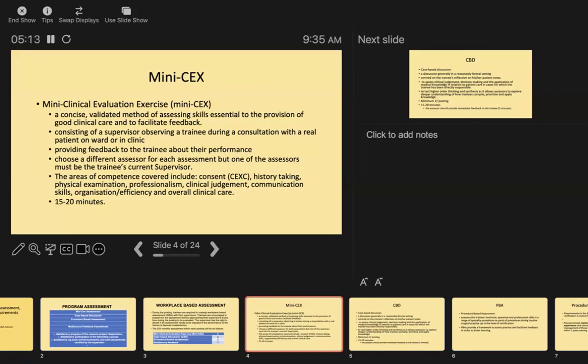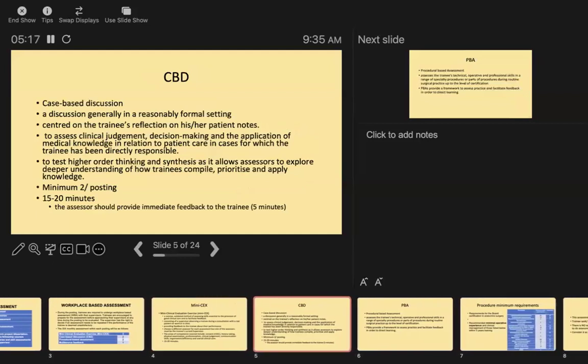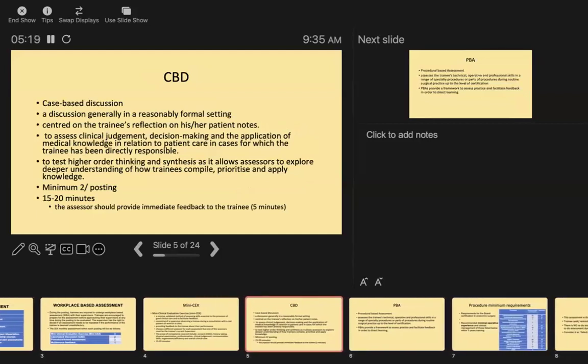It's very short, right? Compared with CBD, CBD is a discussion in a reasonably formal setting. So you need to be assessed by the supervisor on anything, probably how you manage a patient in the ward, how you manage a case when you meet to discuss with your supervisor, right?